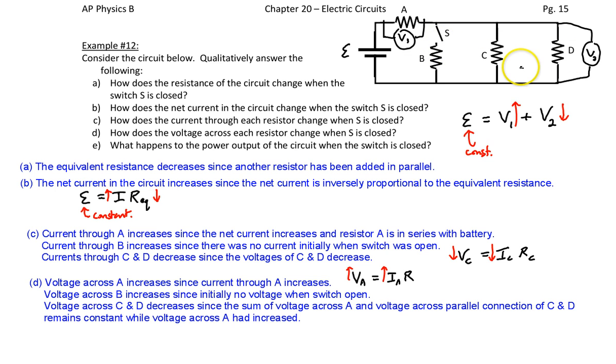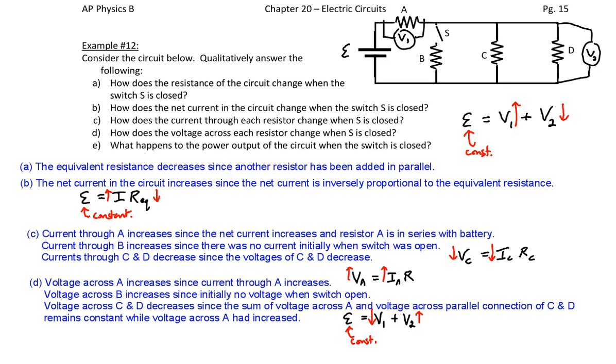And then for C and D, the EMF remains constant, which is equal to the sum of the voltage across the first resistor A plus the voltage across this parallel connection of B, C, and D. We'll call that voltage 2. The total EMF is remaining constant, and the voltage across A has increased, hence leaving less voltage for the parallel connection C and D.